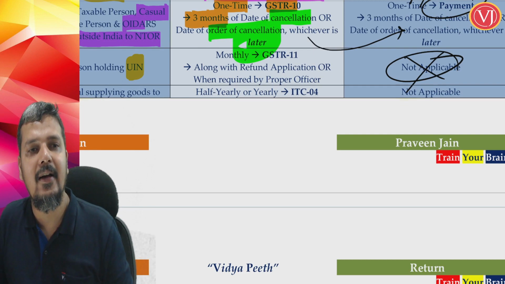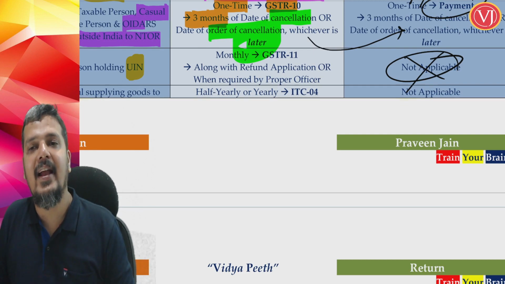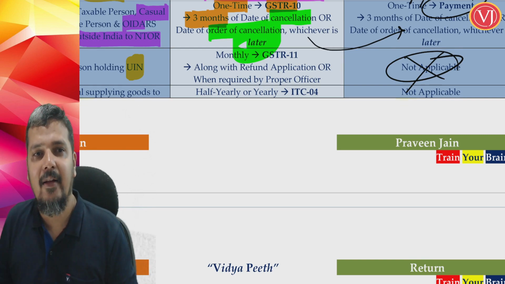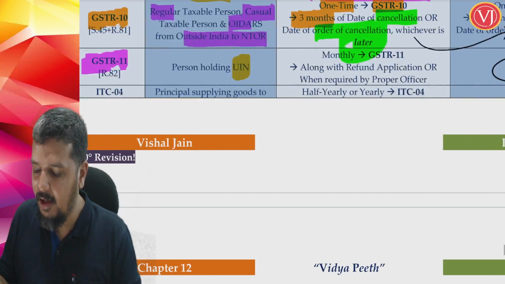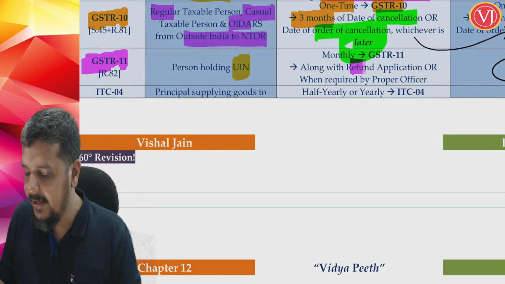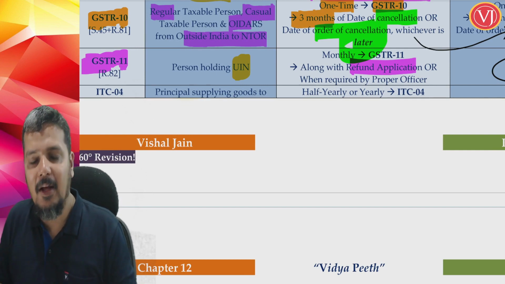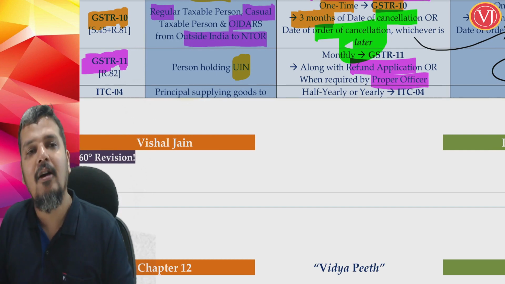They will only get the refund. And GSTR 11 is so special that there is no due date. You have to file it along with your refund application. Whenever you are applying for refund, you file it along with your refund application, or when it is required by the proper officer.